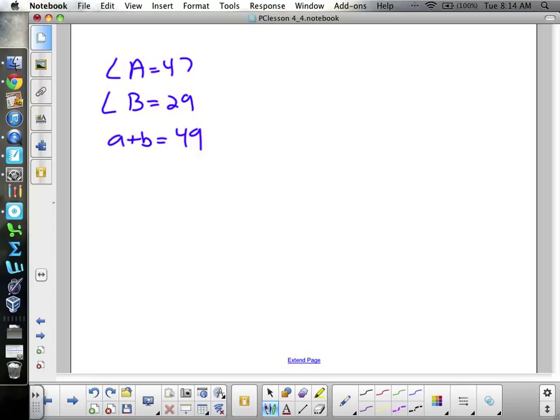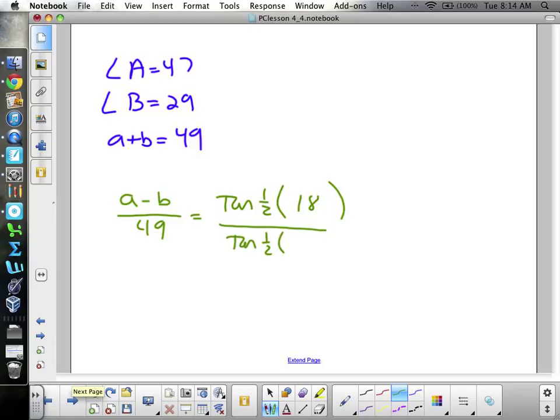That's kind of a weird created situation just so we can apply law of tangents, isn't it? But it does exist in the homework. It could show up on a quiz. And honestly, this is almost a little bit simpler because when I set up, the a minus b, which is unknown, over a plus b, which is 49, is the tangent of 1/2 a minus b on top again, 47 minus 29 would be 18, over the tangent of 1/2 of a plus b, which would be 76.